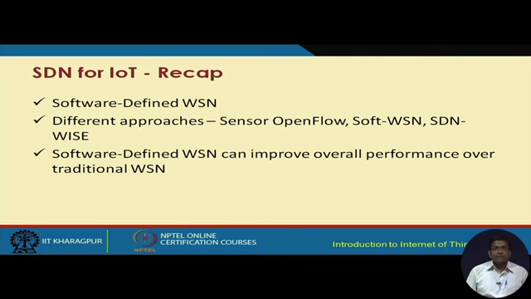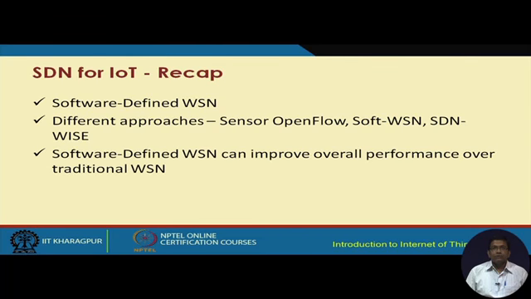What we have already discussed in the first part of the SDN for IoT lecture is that we have sensor networks, and software defined networking can be used to improve the performance of sensor networks. We have different SDN approaches for WSNs, like sensor OpenFlow, Soft-WSN, and SDN-WISE, which are already available in the literature.